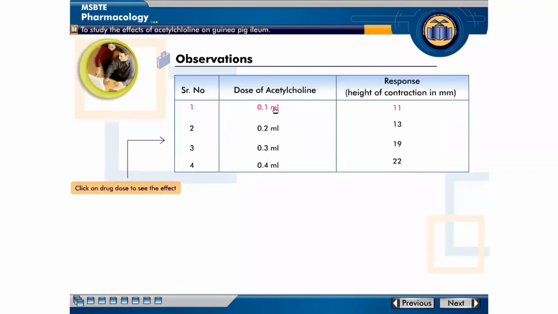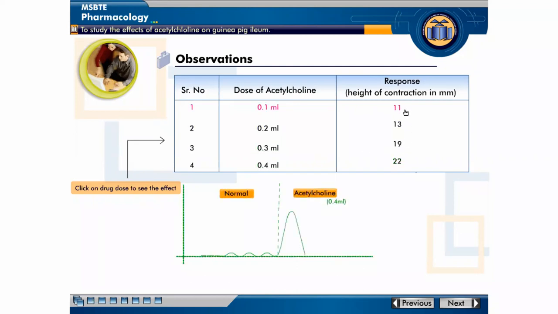This is the same as the procedure. Dose of acetylcholine 0.1 ml. As the dose increases, height of contraction increases or decreases? Increases.